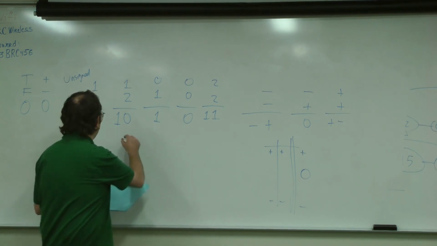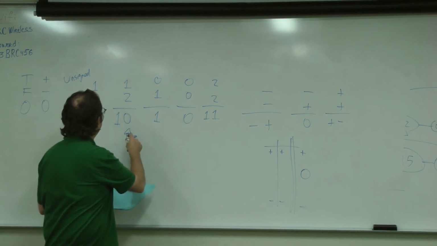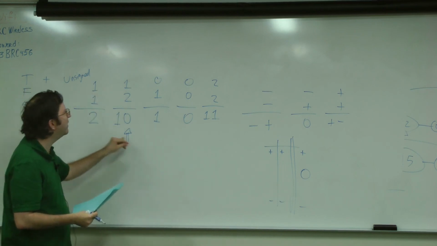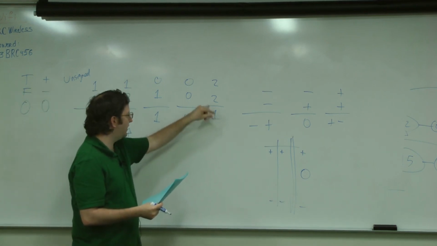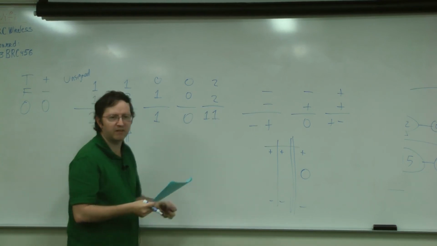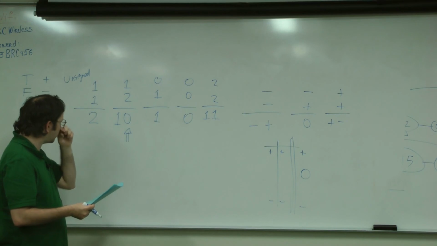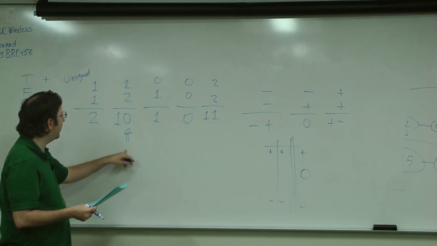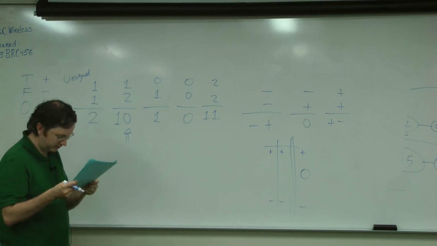You have this case right here where 1 and 2 or 2 and 1 give you the carry, or this case where 2 and 2 give you carry, and everything else is 0. So it's kind of difficult to figure out how to get carry from there.